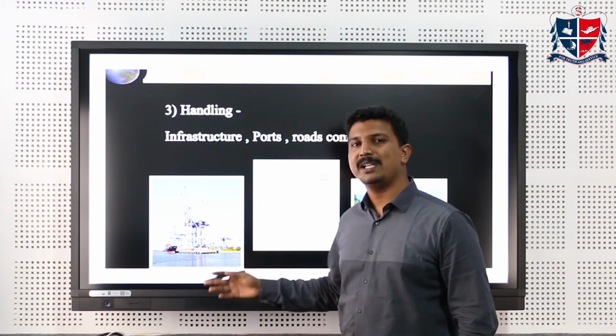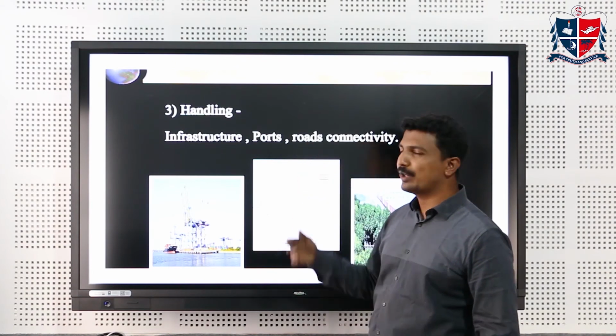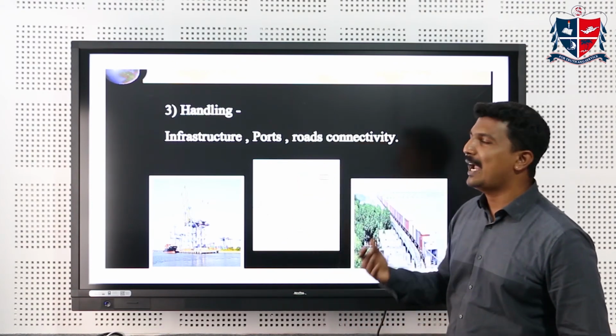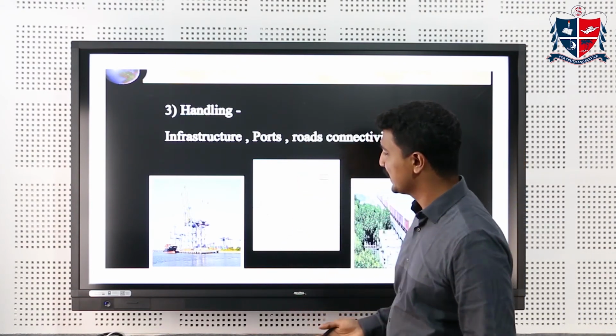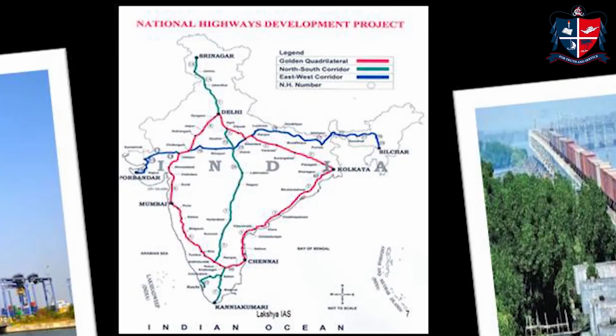The infrastructure means we should have seaports, airports, road connectivity, etc., in order to handle the cargo in the best possible manner. If you take into account the National Highway Development Project, you can see a red mark like a diamond shape. It's the Golden Quadrilateral. It's connecting Delhi, Mumbai, Bangalore, Chennai, and Kolkata. Likewise, from north to south, we have a north-south corridor.